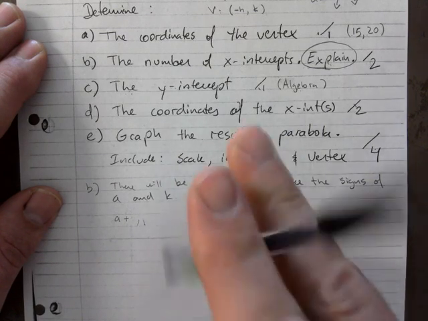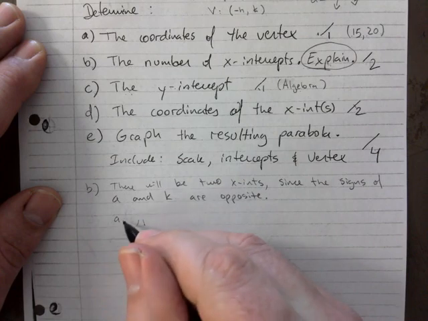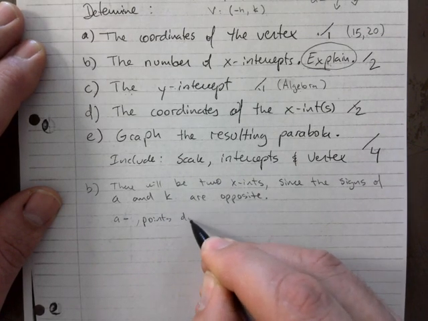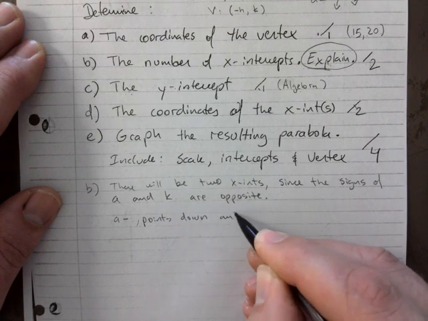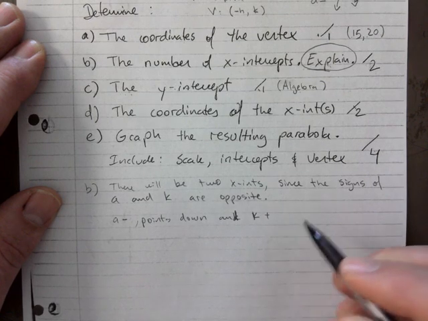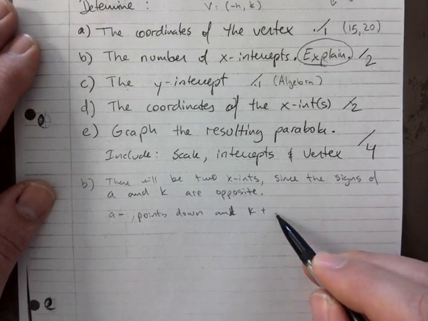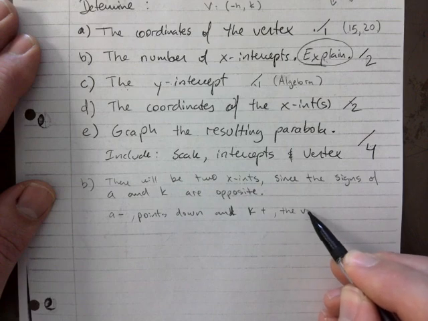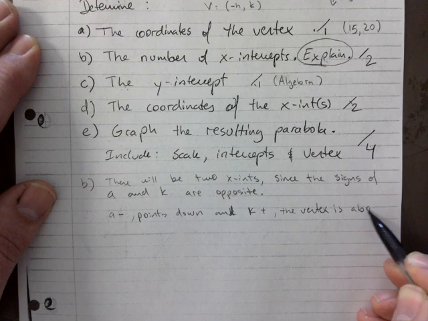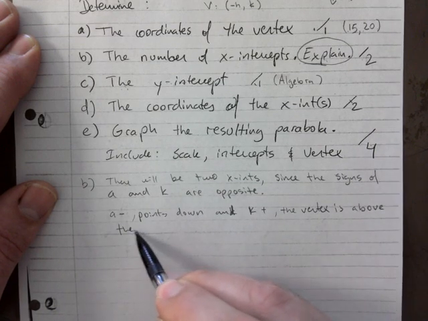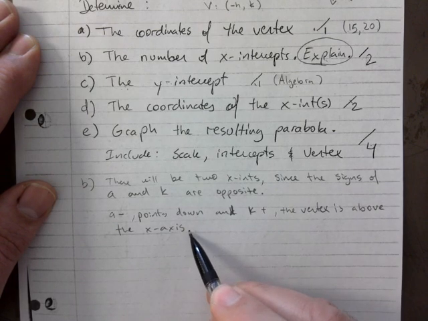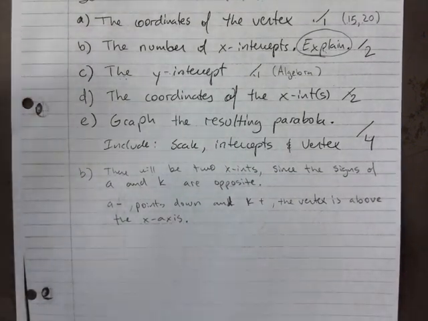Sorry, in this case, it's negative. A is negative, points down. And k is positive, which means the vertex is above the x-axis, right? Something like that, k being positive.